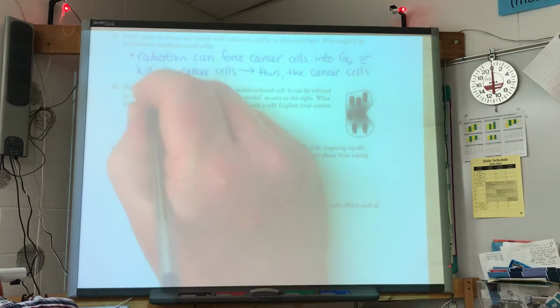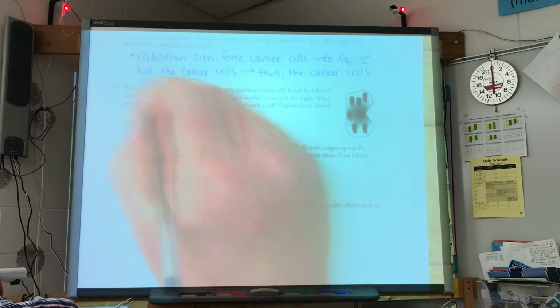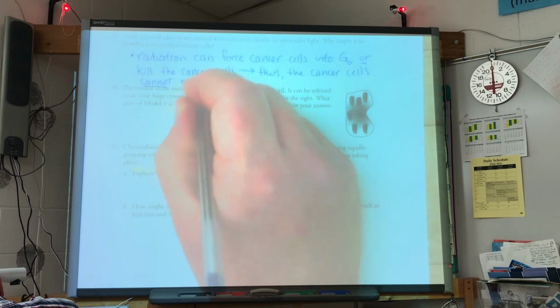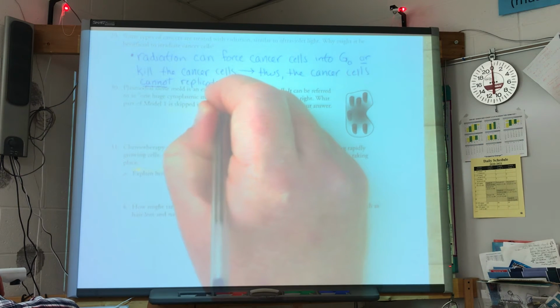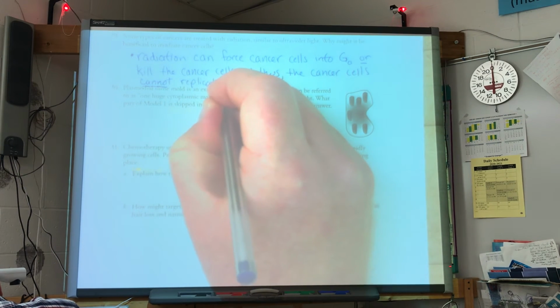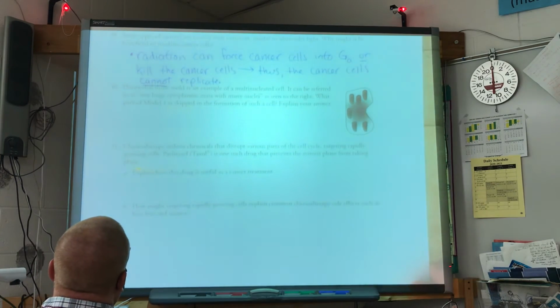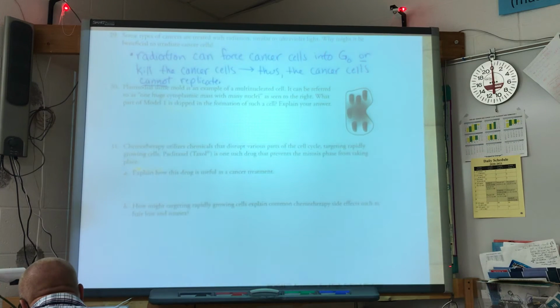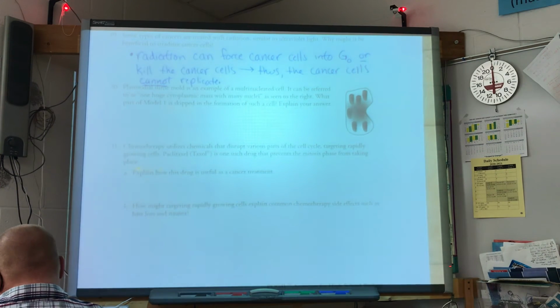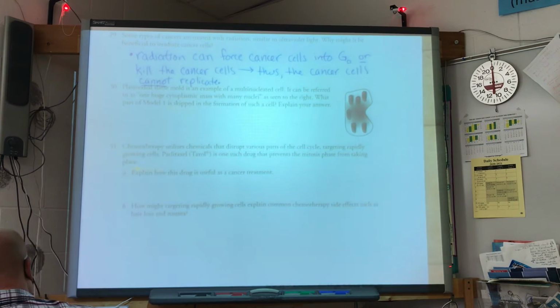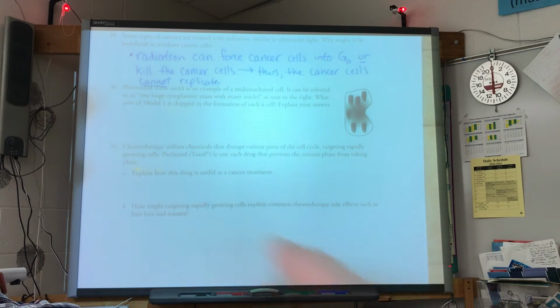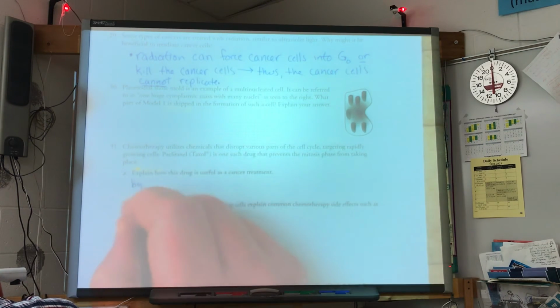31 is referencing something called chemotherapy, and we've all heard of chemotherapy. A lot of times we hear about the side effects of chemotherapy, and the typical side effects are hair loss and nausea. People are getting really sick from chemotherapy. So chemotherapy is basically a drug that goes through the body and looks for rapidly dividing cells.